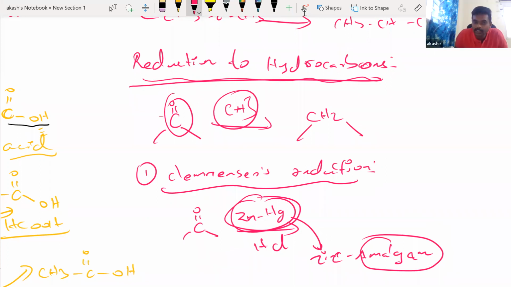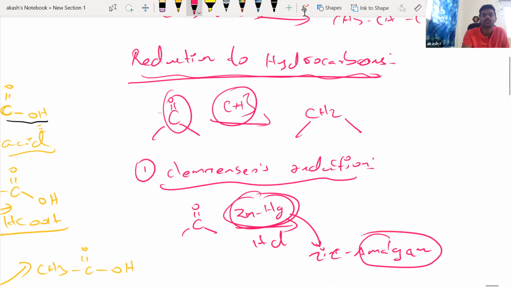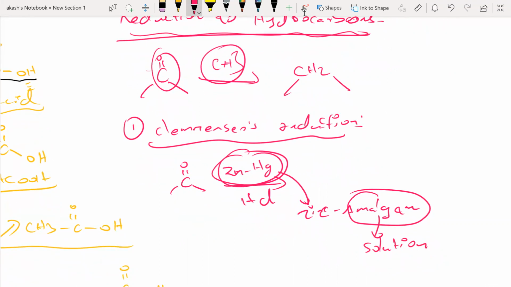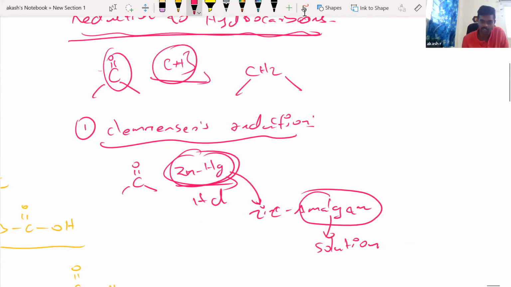Can I call alloys solutions? Recall the solutions chapter. Can I call alloys solutions? Solid and solid. Yes, they are solid-in-solid solutions, right? So, anyway, the thing is, amalgam is a solution in which Hg is the solvent.